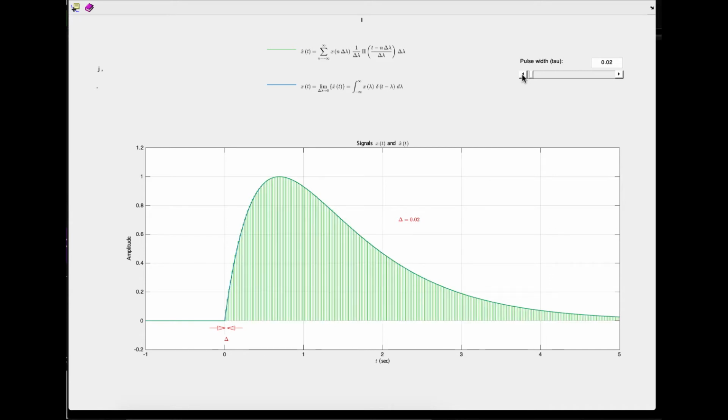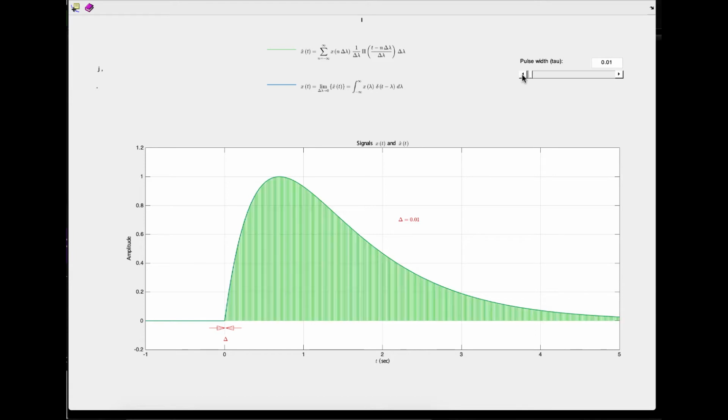This is a much finer resolution, and this is 0.01. This is the situation where you are tending towards an impulse, and the green approximation completely overlays on the blue signal.